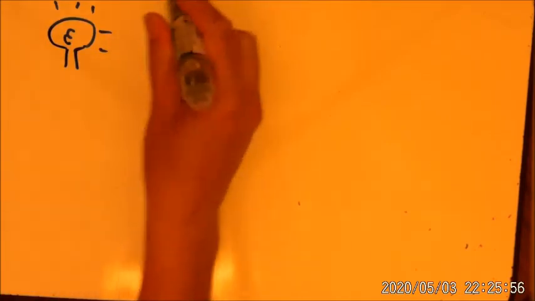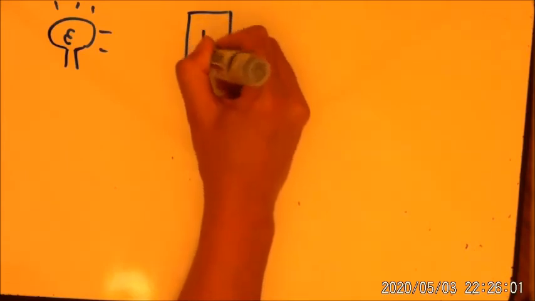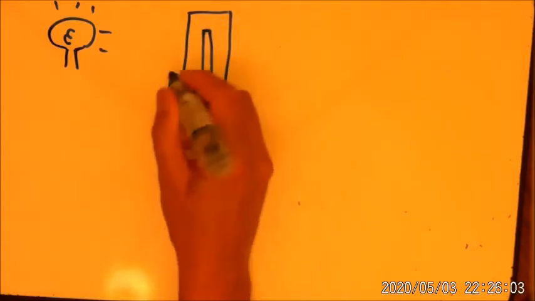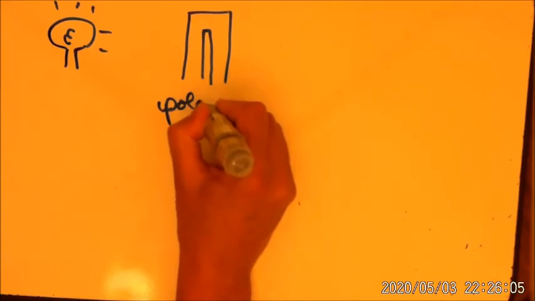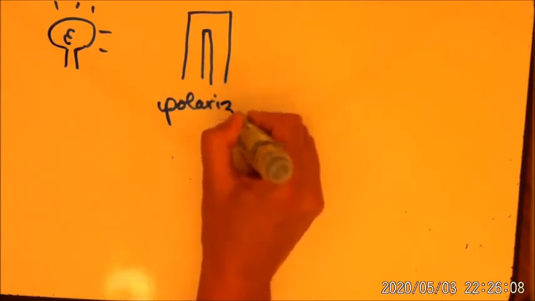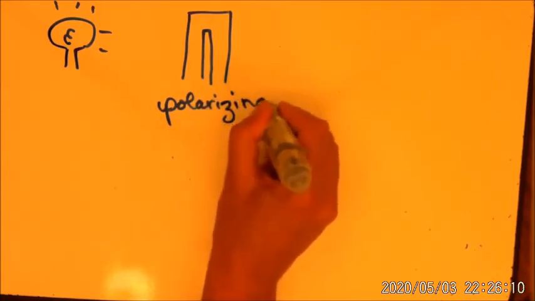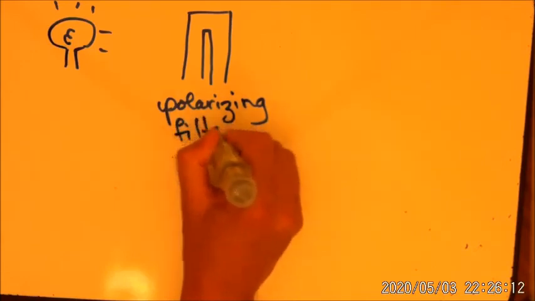If we have a light source, the light shines through a polarizing filter.